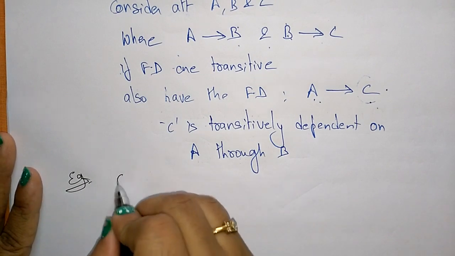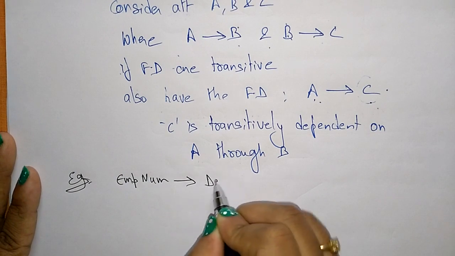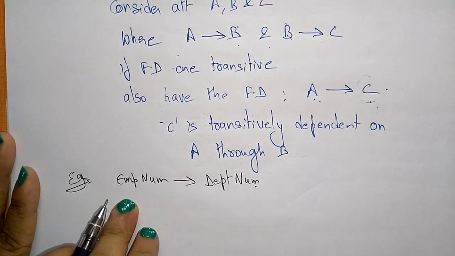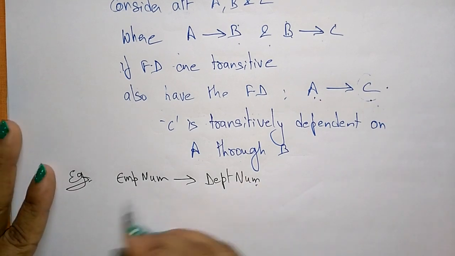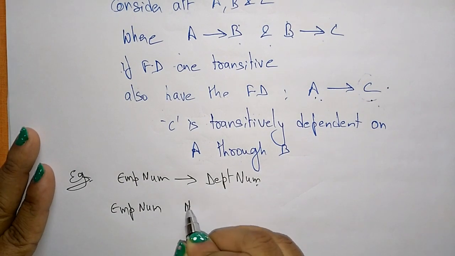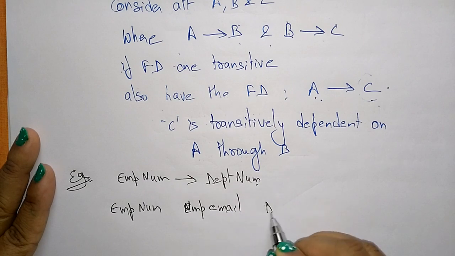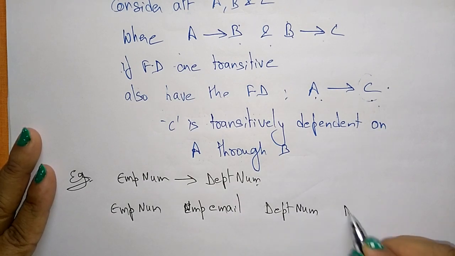Let us take the employee number determines department number. Means the department number depends upon the employee number. So here employee number, employee email, department number and department name.